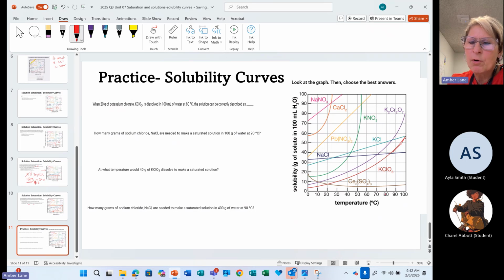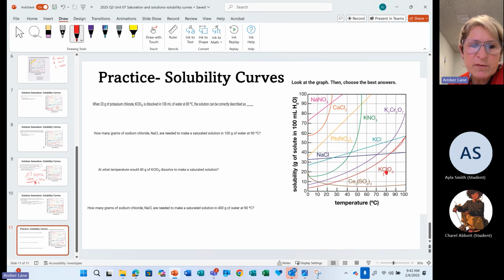I'm going to go over 80 degrees and up 20 grams, right? Right here. So at that temperature with that much solute, is it saturated, supersaturated, or unsaturated? Unsaturated. That is correct. It's below the line. Very good.